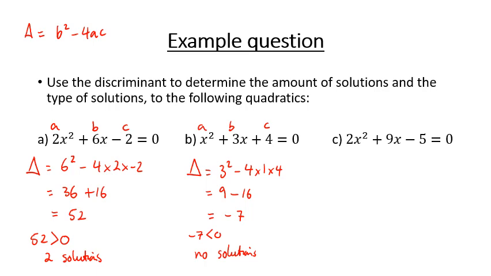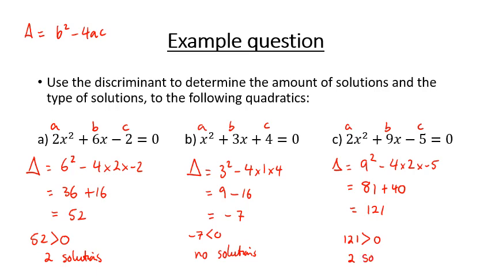In our last equation, we've got a, b, c. So this becomes 9 squared, take away 4 lots of 2, lots of minus 5, which is 81, take away minus 40, which is 121. And then we know that 121 is again greater than 0, so we have two solutions.